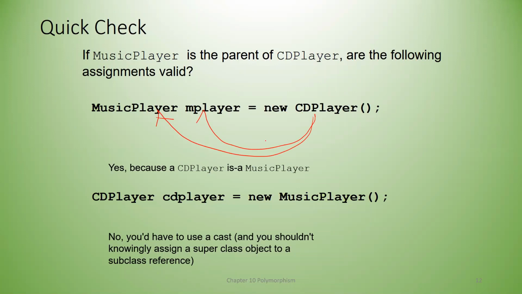If the answer is yes, then it's okay, right? But here, the reference type is CDPlayer and the object type is MusicPlayer. You ask yourself, is a music player a CD player? Not always. So you cannot say a music player is a CD player. Then it's not okay.